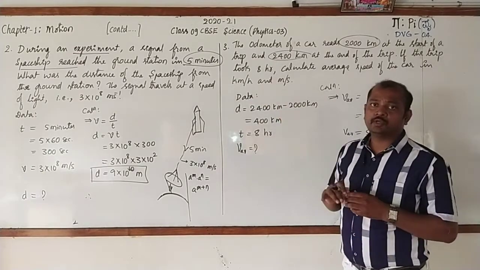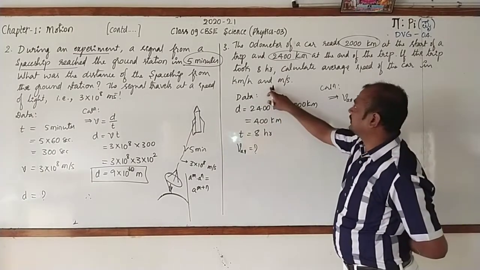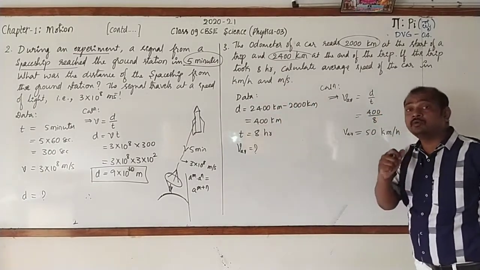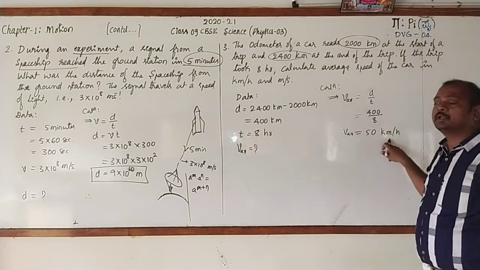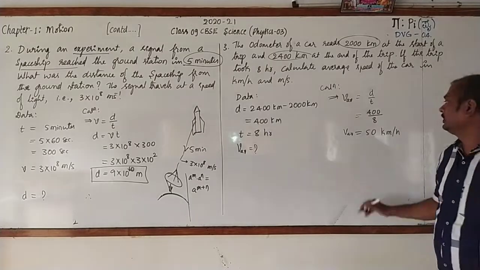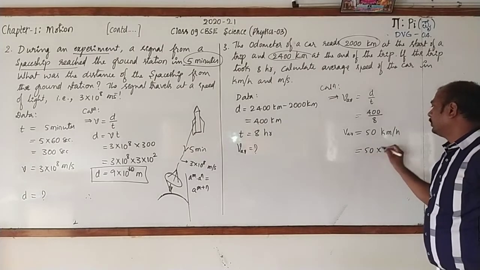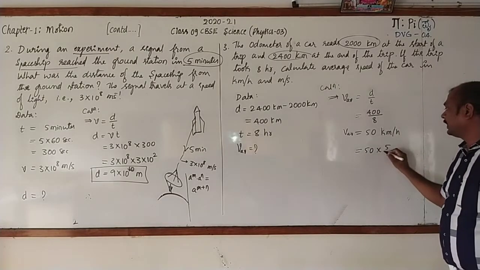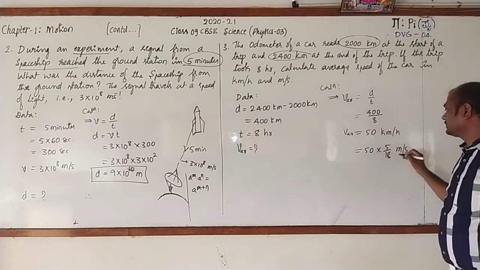It is in one unit. We have one more unit. What is that? Meter per second. Then how do you convert 50 kilometer per hour into meter per second? We have the value for the conversion. That is 1 kilometer per hour is equal to 5 by 18 meter per second.